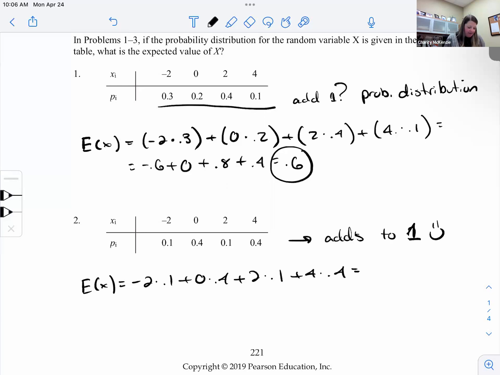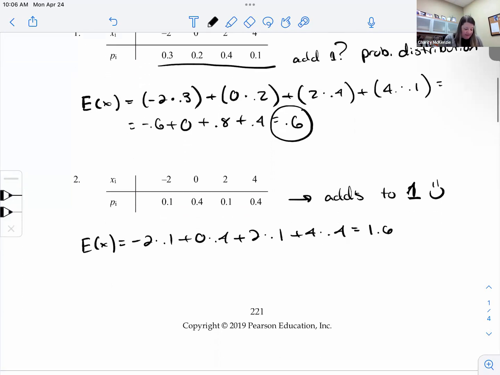So -2 times 0.1, plus 0, plus 2 times 0.1, plus 4 times 0.4. I got 1.6. Hopefully I plugged it in right. So that's it for our expected value.